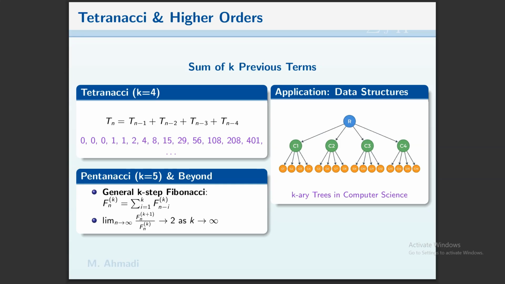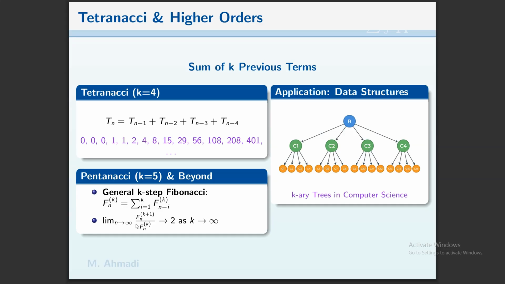Or we can define the Fibonacci for k equal to 5 and beyond. And also we can denote the k-step Fibonacci. The k-step Fibonacci is defined as Fn(k) equals the sum of i from 1 to k of F(n minus i)(k).